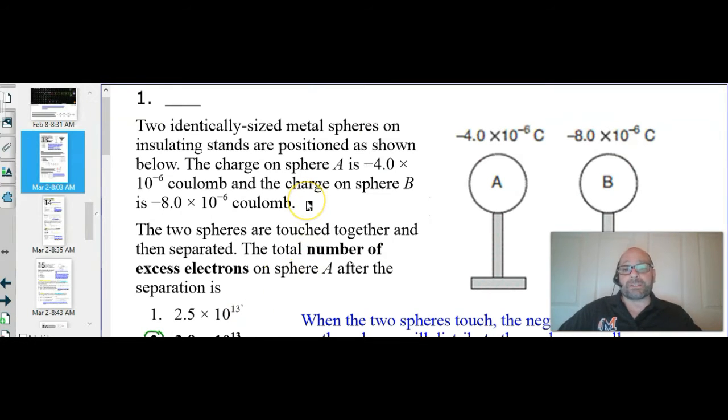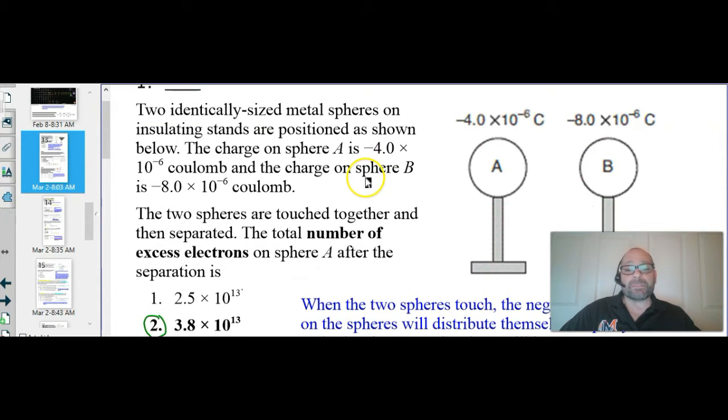You have two identical sized metal spheres on insulating stands shown in this position, and they have 4 microcoulombs. If you remember in the last video, I said that sometimes the Regents uses the symbol micro, and sometimes they spell it out as 10 to the negative 6. So here they've done that.